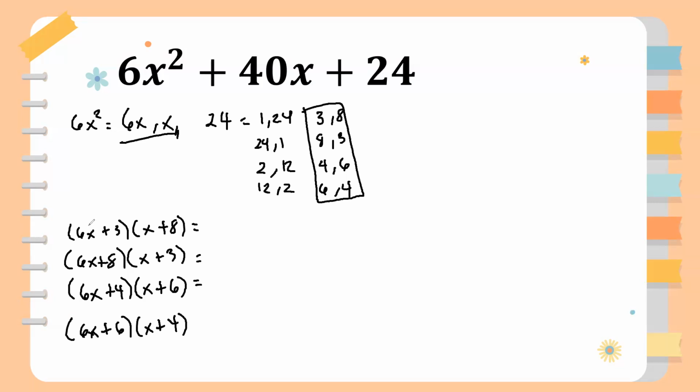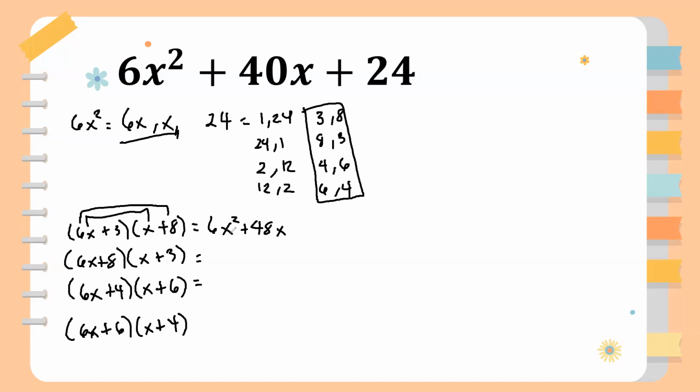So, we have 6x times x. That is equal to 6x squared. Then, outer term, 6x times 8, that is equal to 48x. Right?